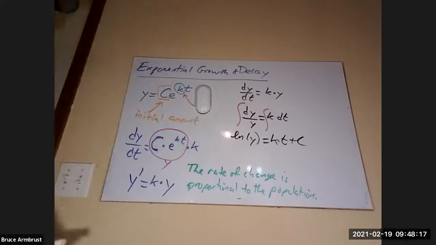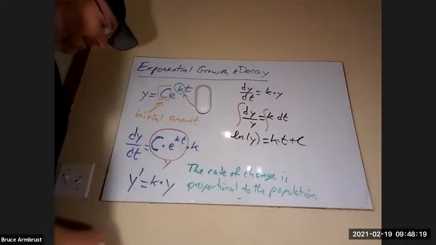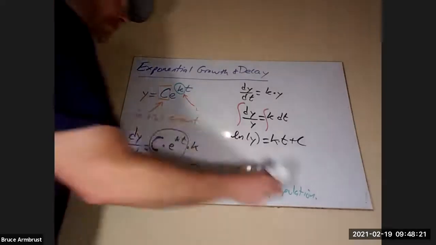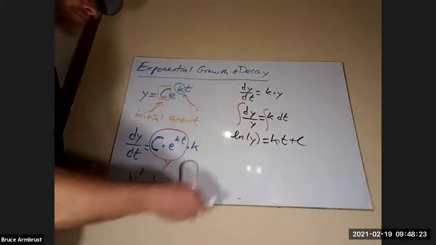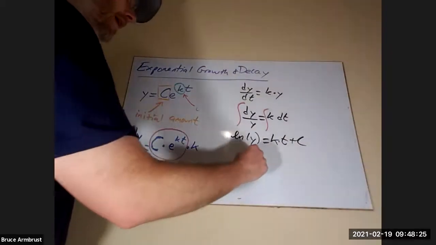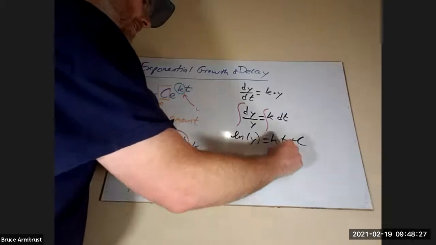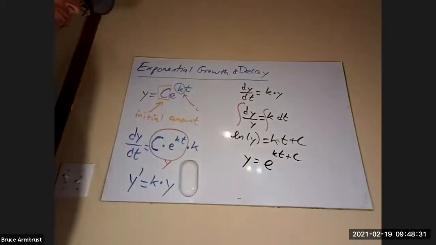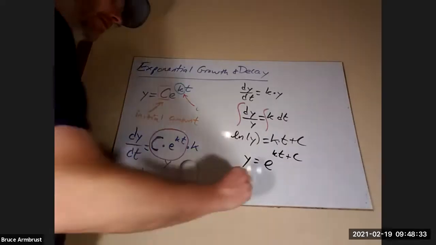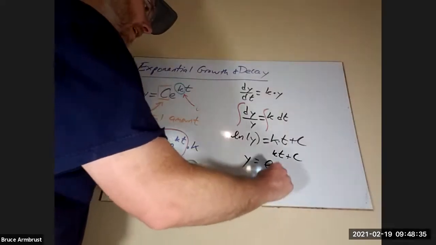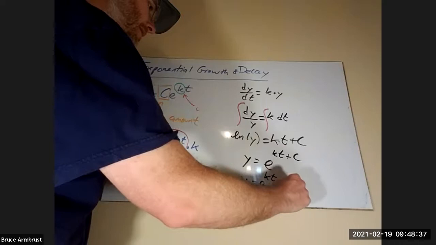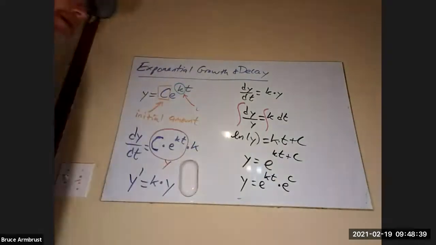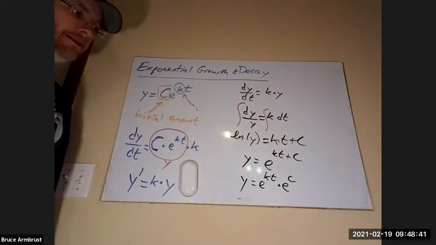And now if I want to get rid of that natural log, I can convert this into an exponential. So I'm going to get y is equal to e to the kt plus c. The rules of exponents tell me I can write it like that.